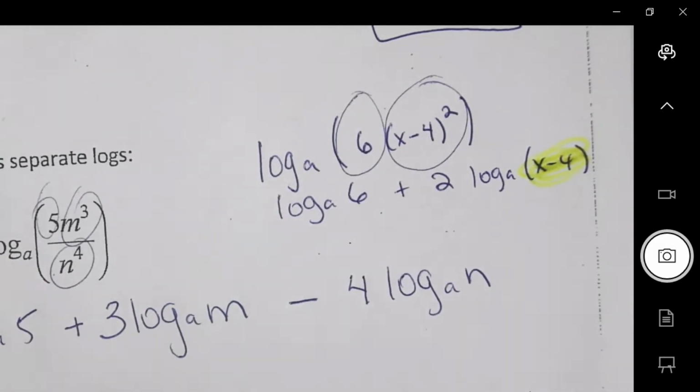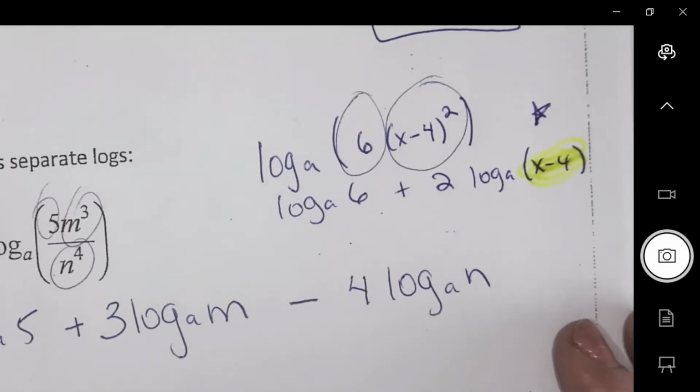Okay? Does that make sense? Don't separate something like that. That one always seems to trick people. So all we have to do is just break it up. It just says separate.